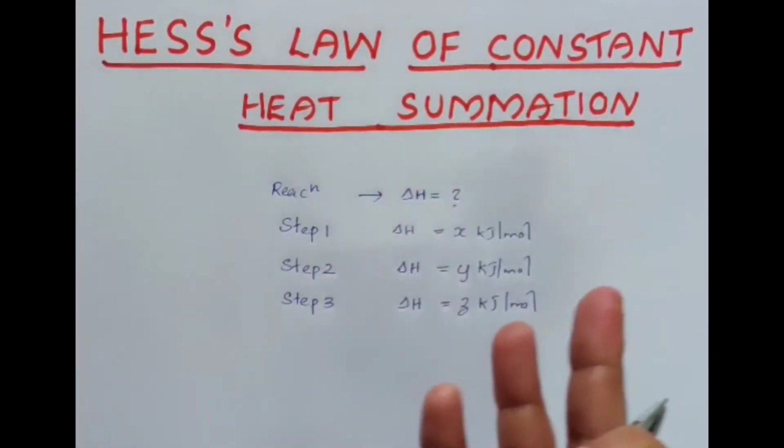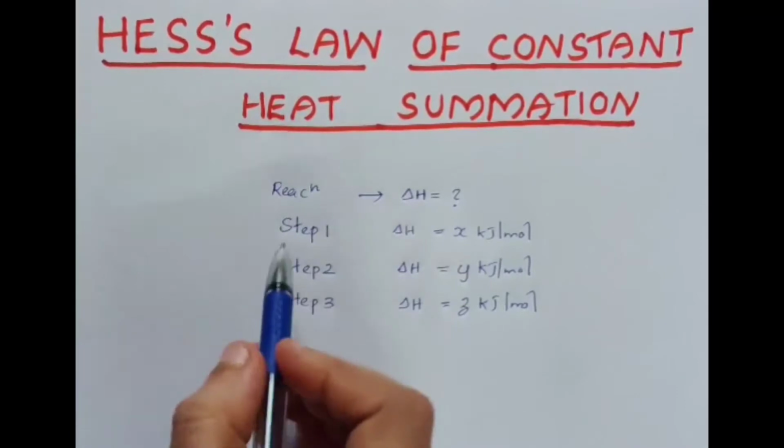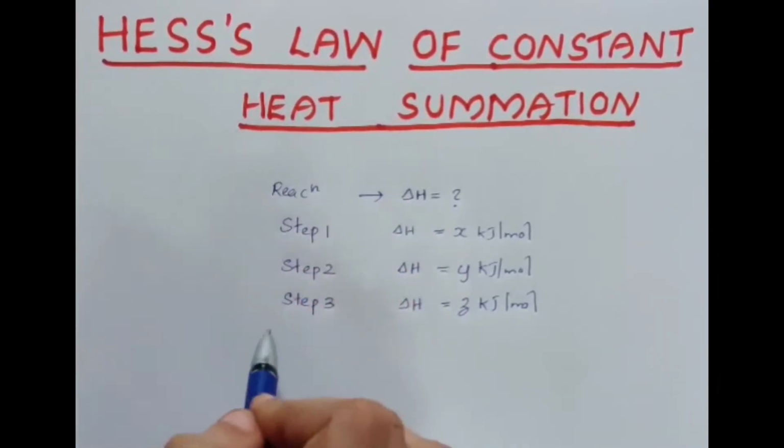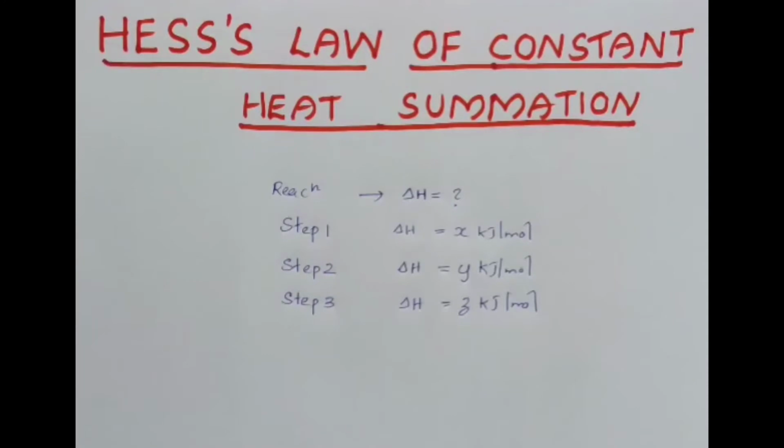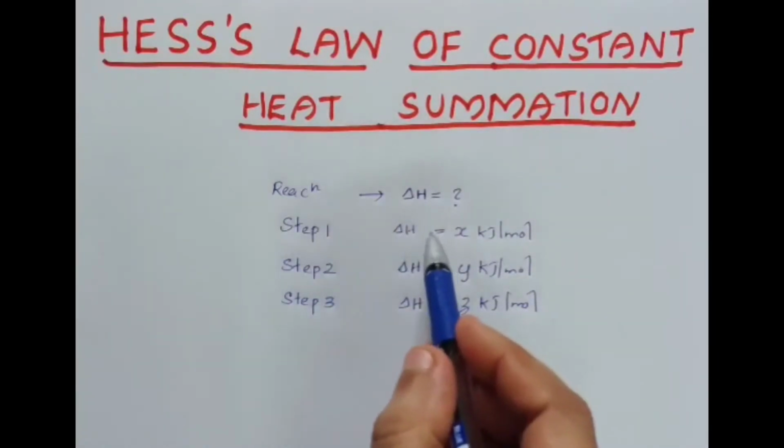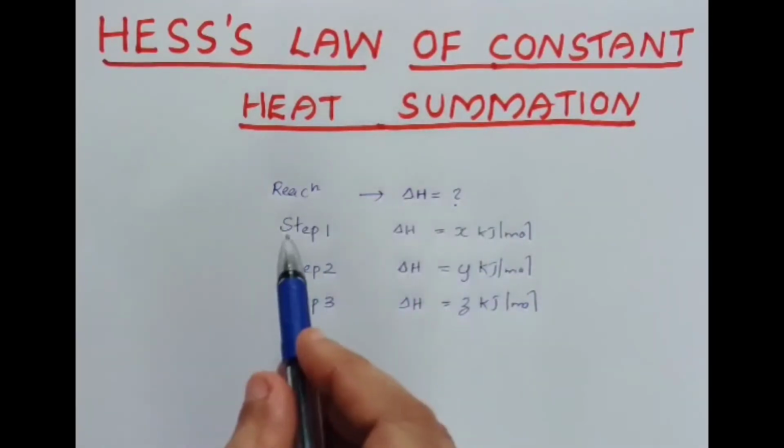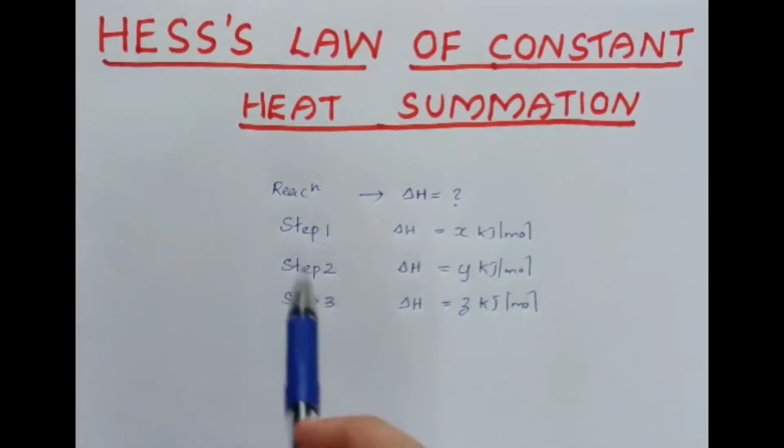And we are finding the overall enthalpy change of this reaction. We only know that this reaction is taking place in several steps, and we know the enthalpy change of each step, that is step 1 x, step 2 y, step 3 z.